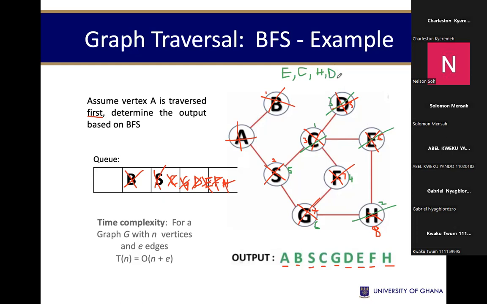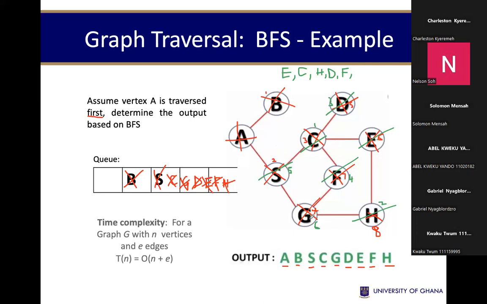Then, of course, I need to come to the next one, F. I want to check whether F has any adjacent node. Of course, it is this, which is already cancelled. So I don't have any issue with it. So I'm going to have F straight because F's adjacent friends are all marked. Then after F, I can come back to S because S is also adjacent to C. When I'm picking S and I'm going to output S, I need to make sure that S is adjacent to who and who.